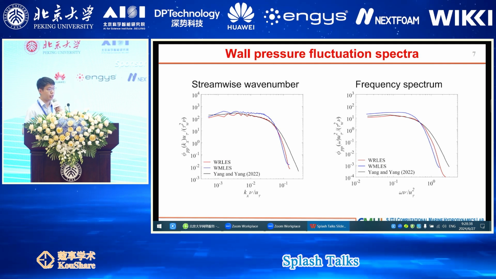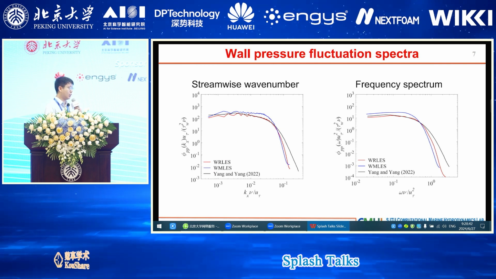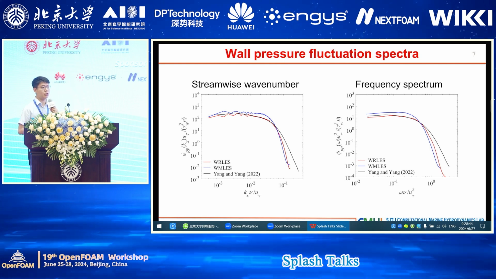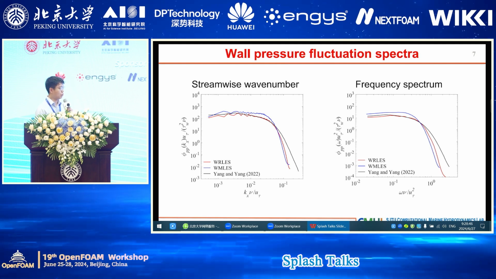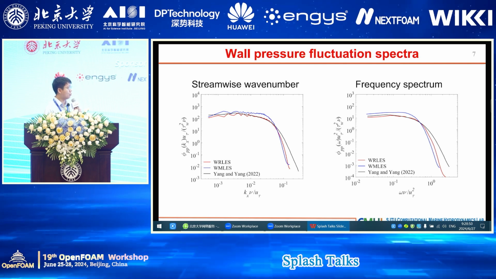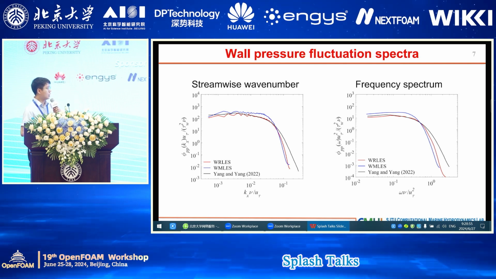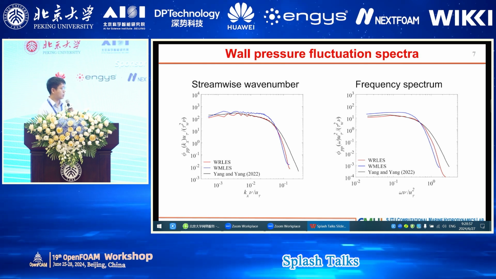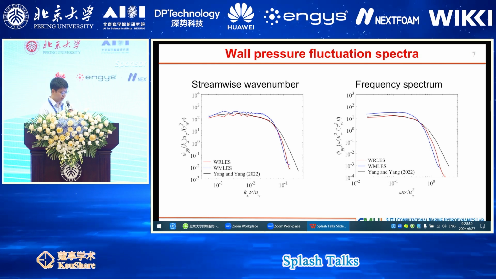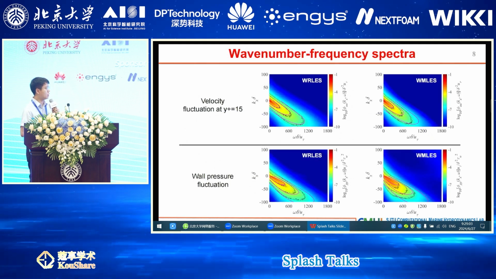This is very important. If we model the inner layer, we may miss some small scales, so maybe we should pay attention to the fluctuations. From the result, we can see that the wall model slightly overpredicts the fluctuations.